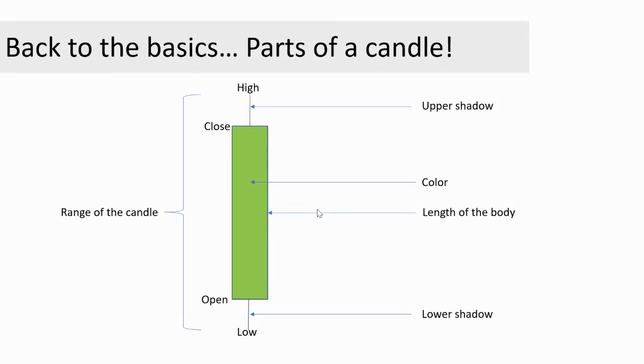The length of the body, that is the distance between open and the close. The lower shadow, again, the flip side of the upper shadow, and the range of the candle. The range of the candle is the distance between high and low. So using these, we will try to define few parameters and then the possible outcome that can come. Any candle will compose of those outcomes and then we can try to analyze them. Let's get on to it.